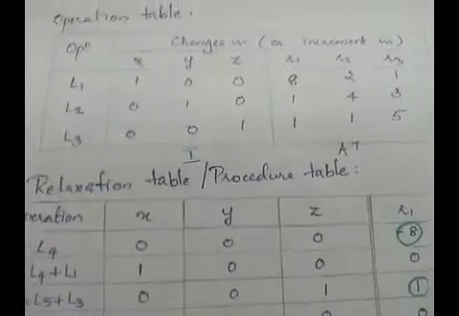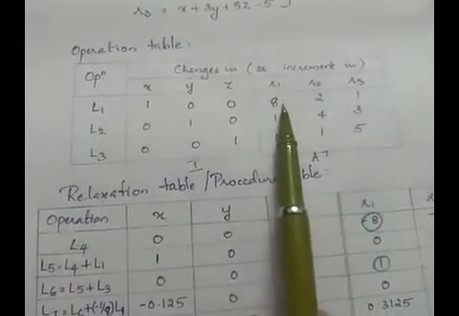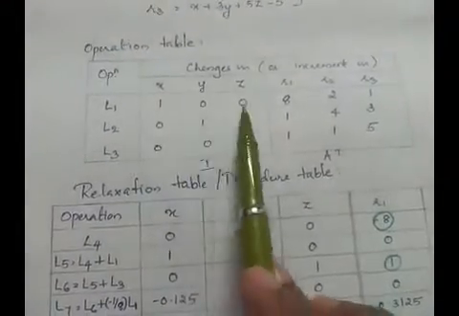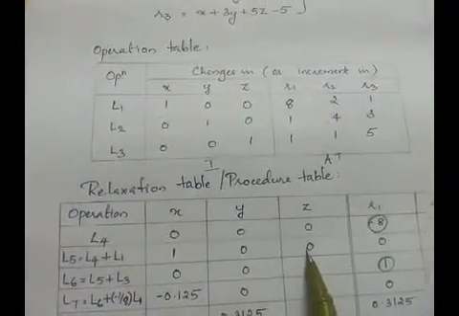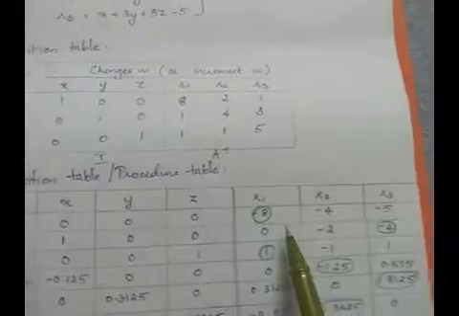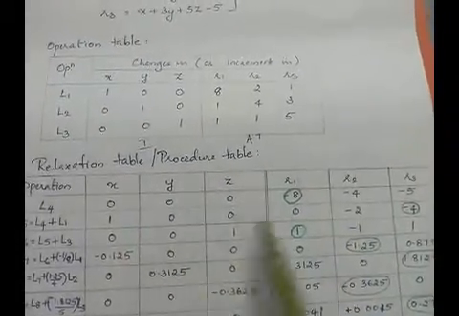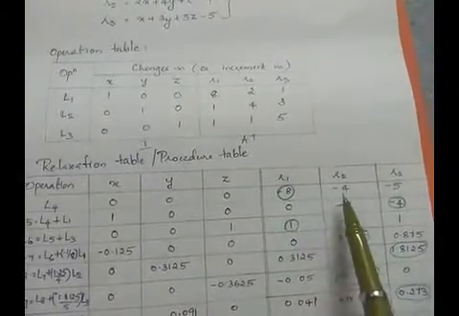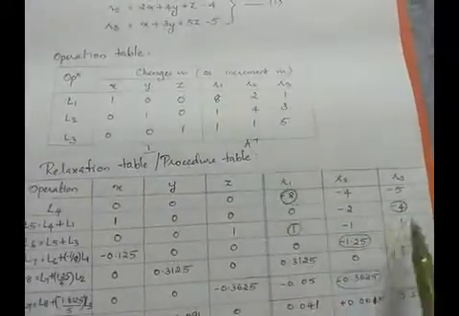So if we have just multiplied 8 by 1 to give us 8 itself, because we need 8 completely, we have just the change 100 to record here. So 100 will be written as such, and in the residual part the operation L4 plus L1 will be performed. So L4 plus L1 will give us -8 plus 8, 0. In the R2 case, -4 plus 2 will give us -2. -5 plus 1 will give us -4.